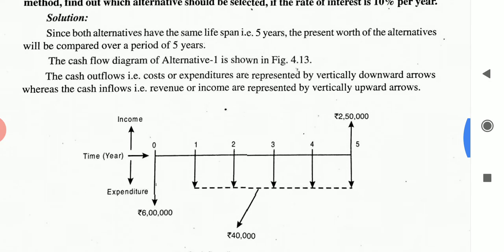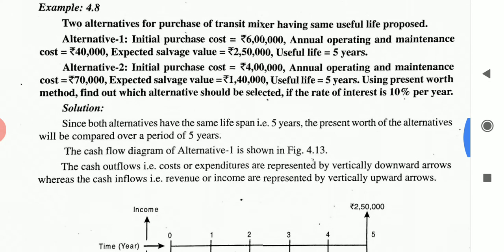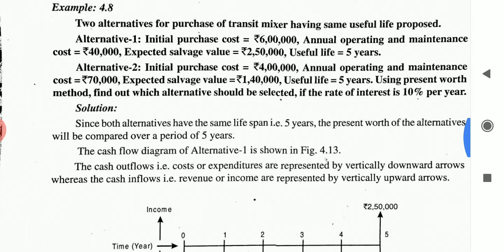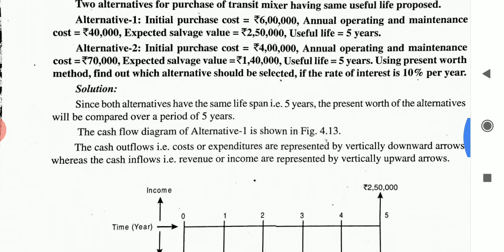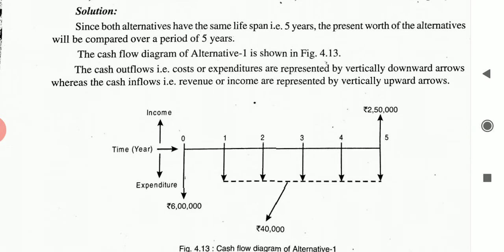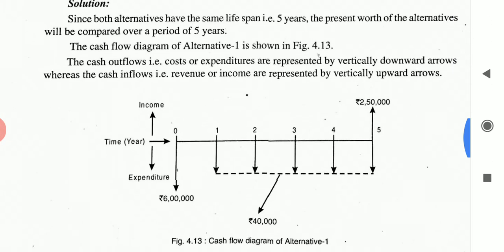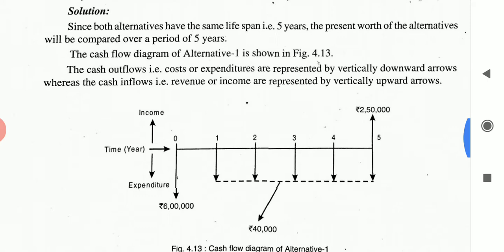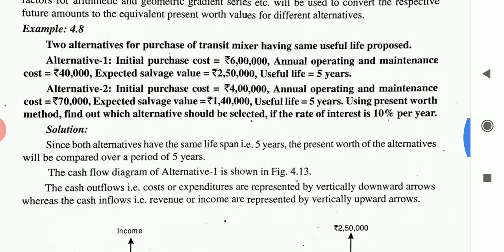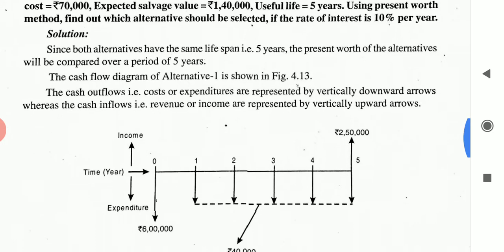See here, in the first alternative, the initial purchase cost is 6 lakhs. At year 0, P equals 6 lakh, and the annual operating and maintenance cost runs from year 1 to 5.